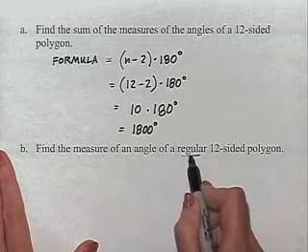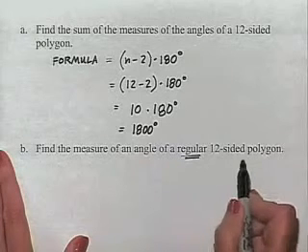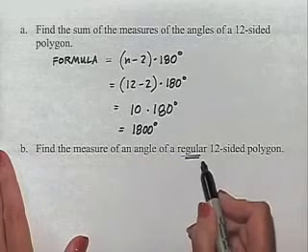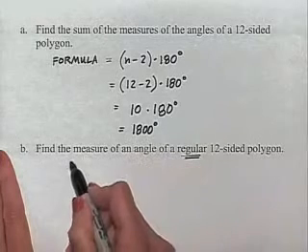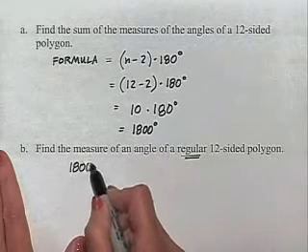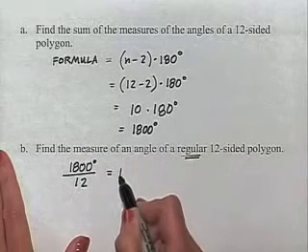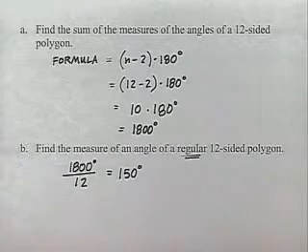Now here you need to understand the meaning of the word regular. If we have a regular 12-sided polygon, that means it's equiangular and equilateral, meaning that every angle has to have the same measure. So if we take the total of 1800 degrees and we divide that into 12 equal angles, we come up with 150 degrees as the measure of any one angle.